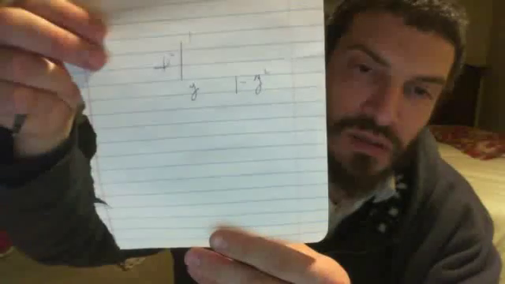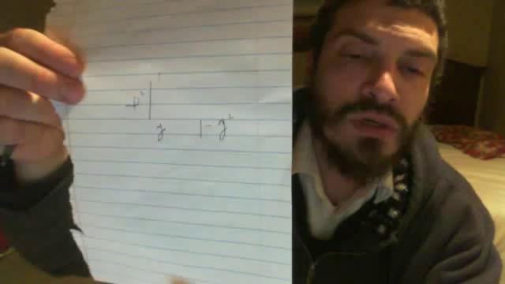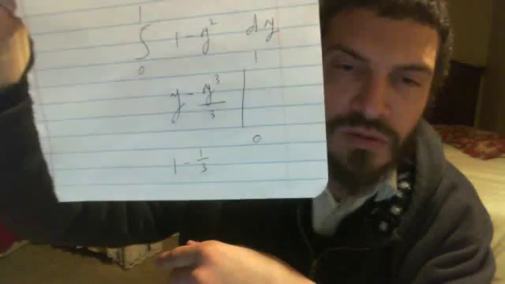So it's 1 minus y squared. That's how it gets x squared. So it's 1 squared minus y squared. Finally, we take the integral of this from 1 to 0, 1 minus y squared dy. So we know that this gets into y minus y cubed over 3. From 1 to 0 is 1 minus a third. It's 2/3.